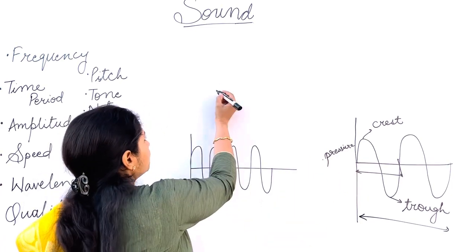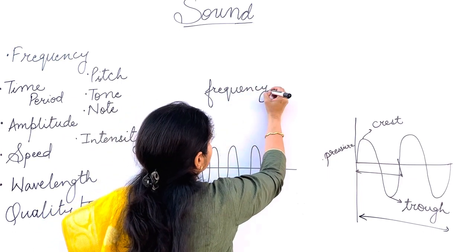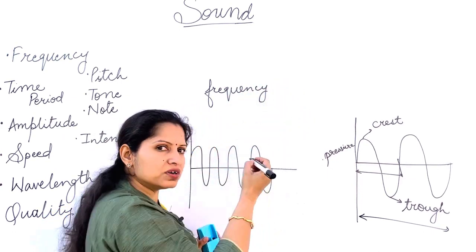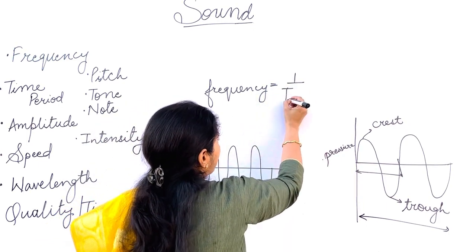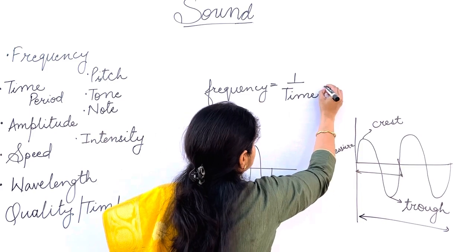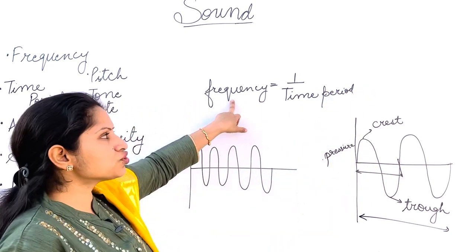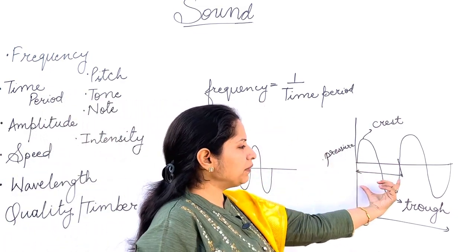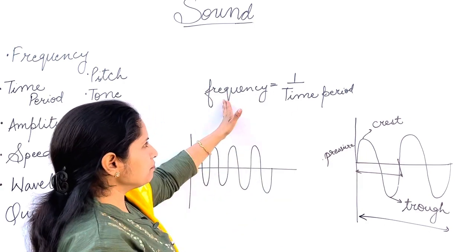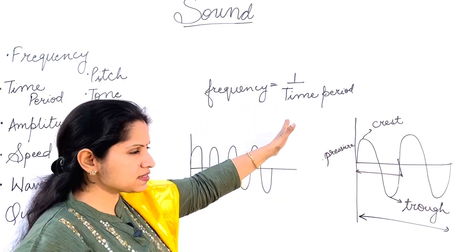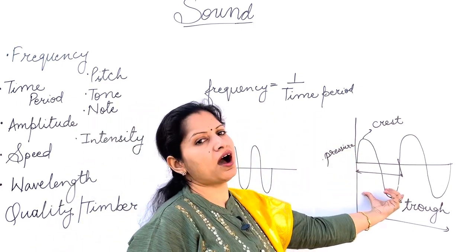So frequency and time period are inversely proportional to each other, and frequency is 1 upon time period. Here my frequency was 2. So we can write the reverse also: time period is equal to 1 upon frequency. So 1 upon frequency means the time period here will be half.